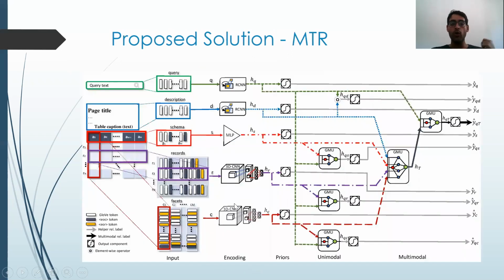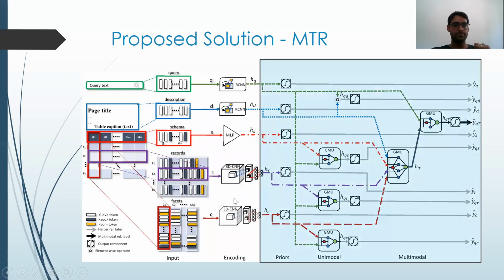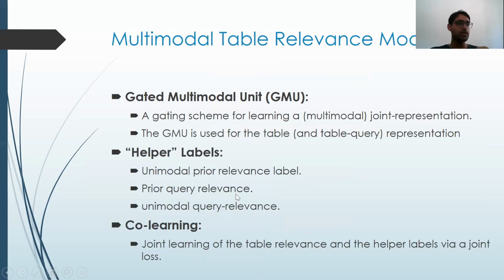We now move forward to the final part of MTR. In this part, we use GMUs. GMUs are a gating scheme for learning a multimodal joint representation. Specifically, in our work, we use the GMUs to represent multimodal table using the different modalities and to represent the table query combination.